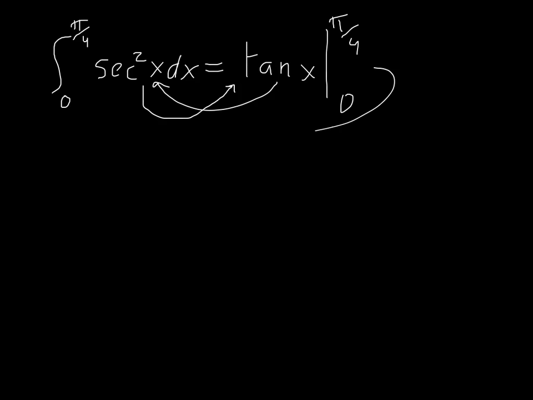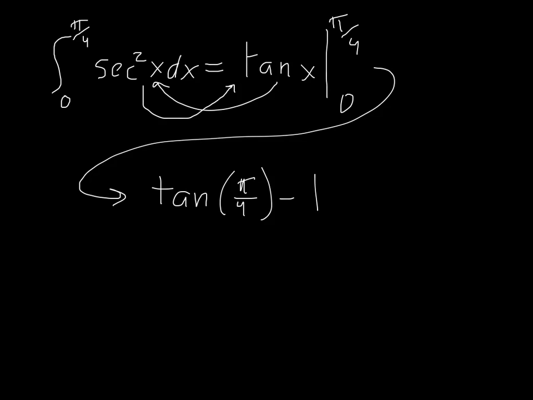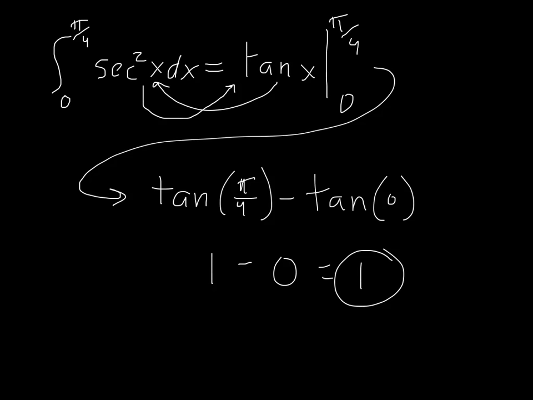So when I work down to here, what I have is the tangent of pi over 4 minus the tangent of 0. The tangent of pi over 4 is 1. Root 2 over 2 divided by root 2 over 2 is 1. Minus the tangent at 0, which is 0. The answer is 1. So again, the area under the curve for secant squared x dx from 0 to pi over 4 is equal to 1 unit.